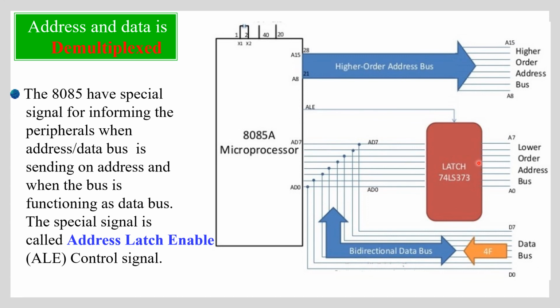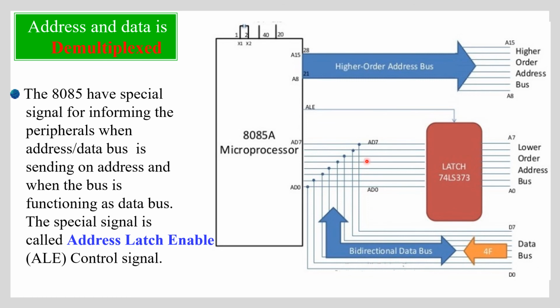During the rest of the machine cycle, the data bus is used for memory or input output data. So for the first machine cycle the address is sent and latched, and for the remaining the data is sent.